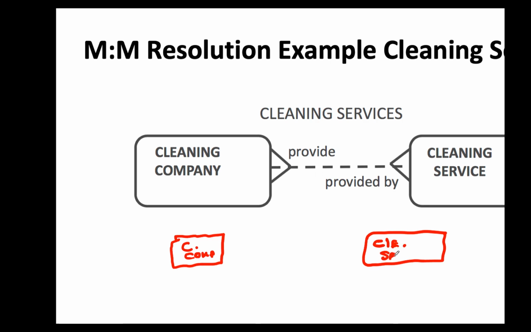Okay, cleaning service, all capital. Okay, so I have to make a third entity which could be, let's say, cleaning schedule. Okay, here, so this is, let's say, cleaning schedule.